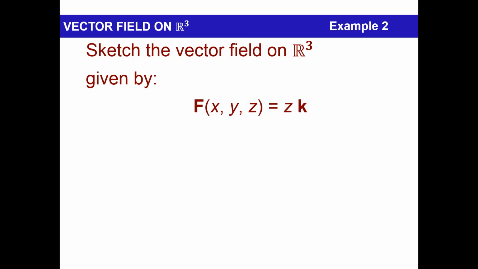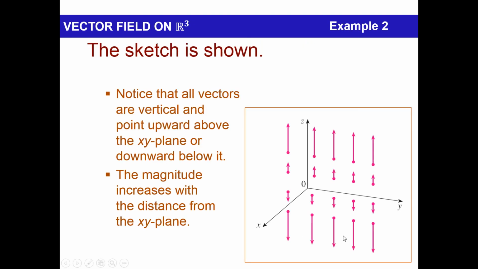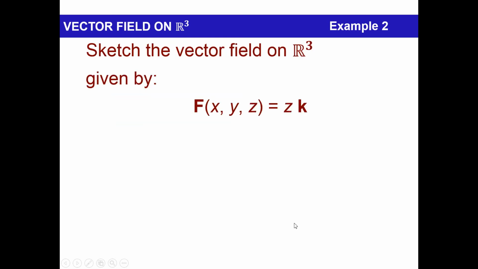Although I said vector field in R cube, to draw a vector field in R cube is a tedious job, almost impossible, but this can be drawn, because this just depends upon z, that is the height. If we give values of z, we can draw vectors parallel to z-axis. Okay, so let's see what happens. Alright, so this is the figure for this vector field.